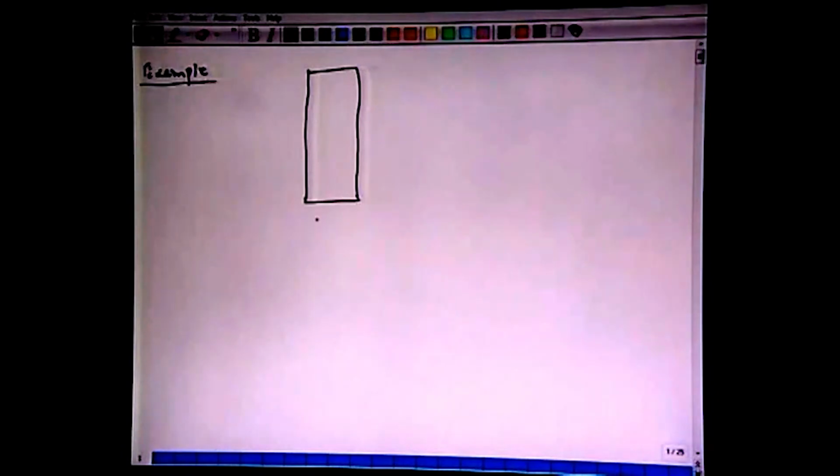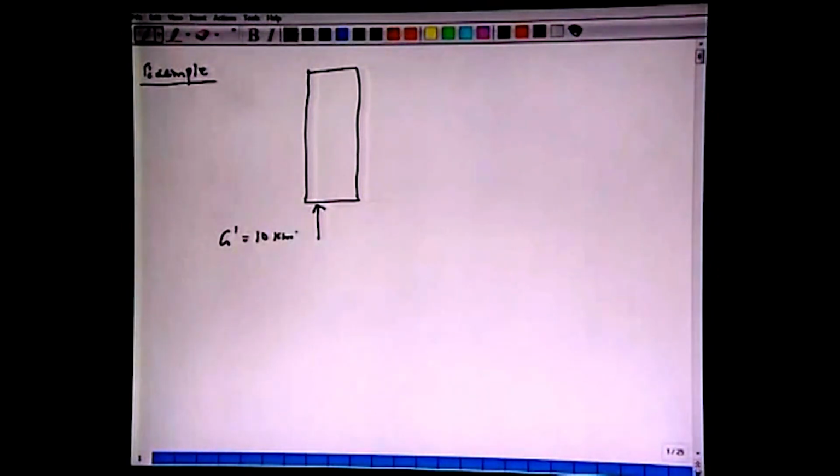All right, and this is the gas in at a flow rate of 10 kilomole per hour per meter square. So, note this superscript prime, because the flow rate is expressed per meter square of cross sectional area.